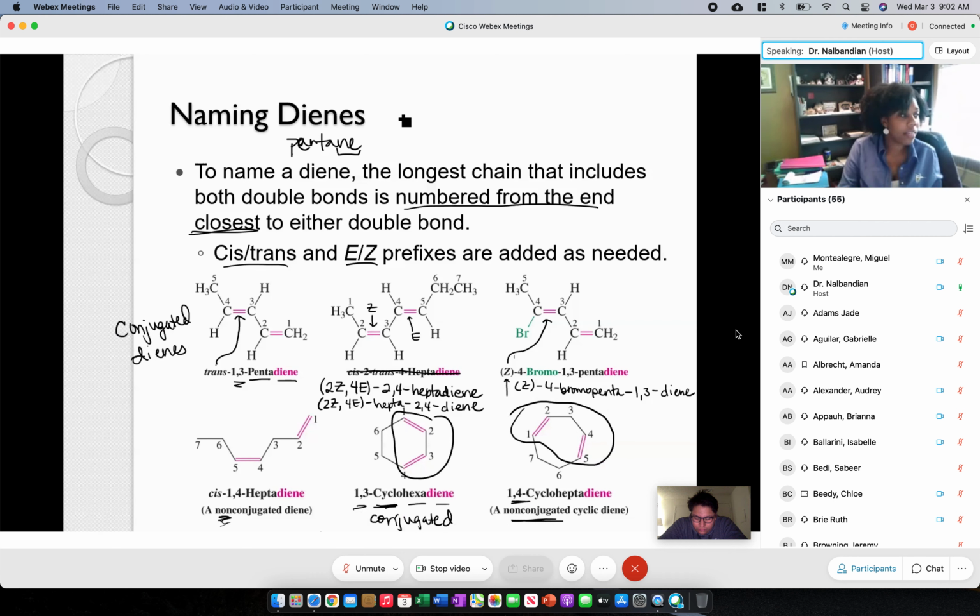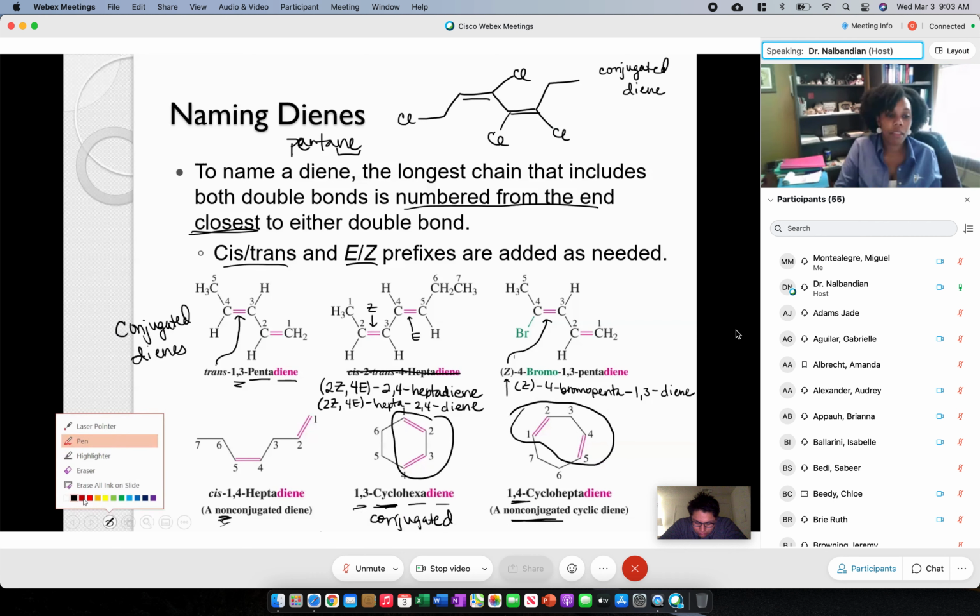All right, let's do another example here. So is this conjugated? Yes. It's a conjugated diene. Now we need to number it. So we number it getting to a diene, an alkene, as quickly as possible. So we have a 7-carbon chain.